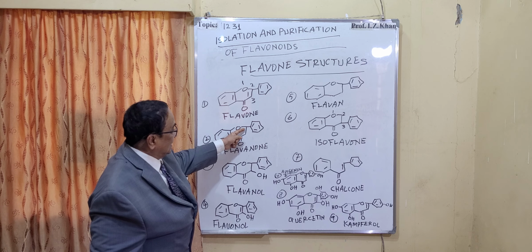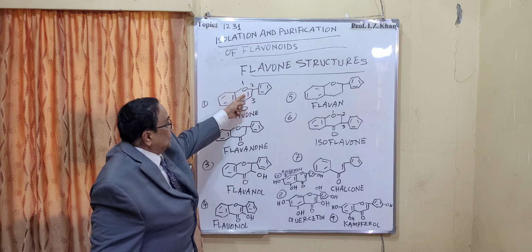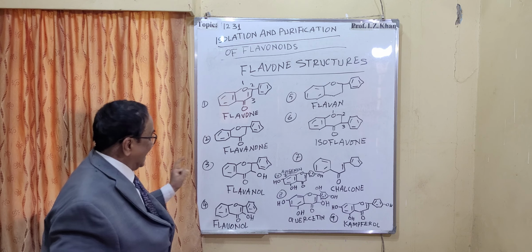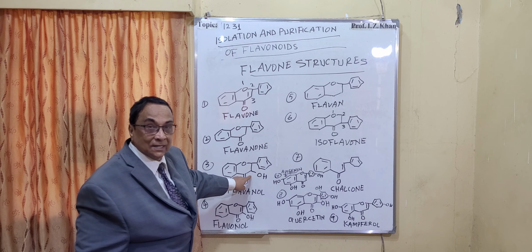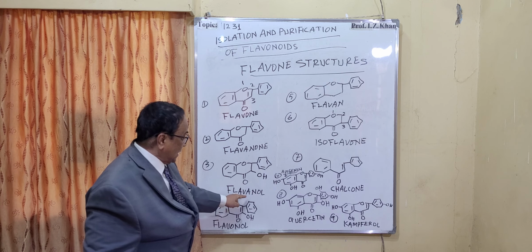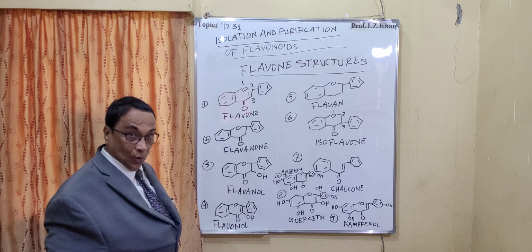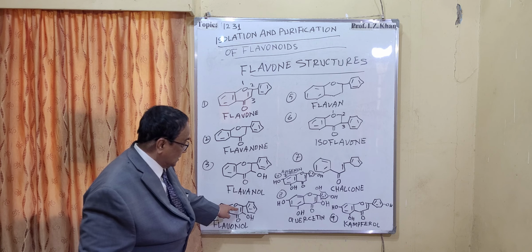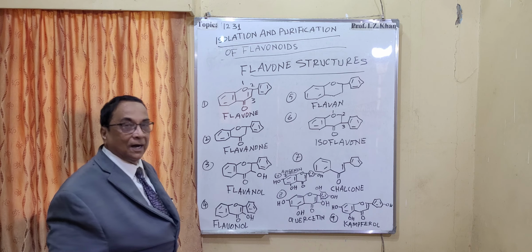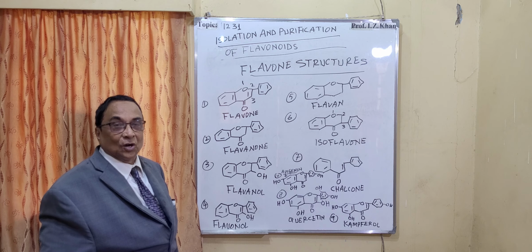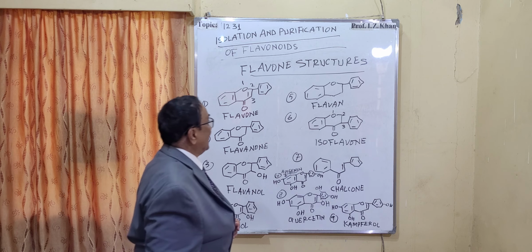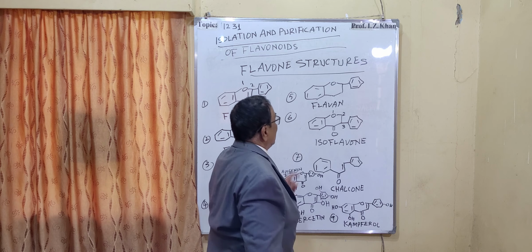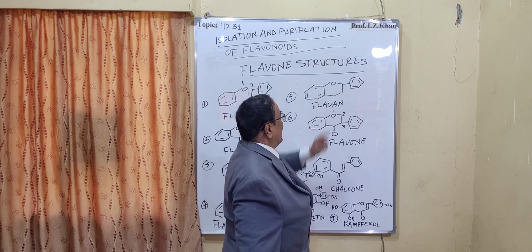Flavanone means here in the pyrone ring there is no double bond. Then again in this nucleus, if at the 3 position there is a hydroxy group, then it will be called flavanol. And if there is a double bond in the pyrone ring, then it will be called flavonol. So the double bond has big meaning. And number 5 is flavane, where oxygen is not appearing.